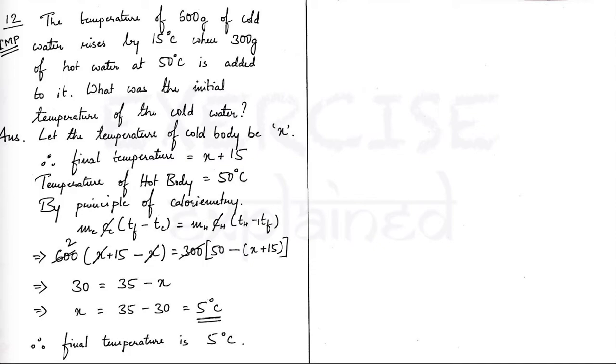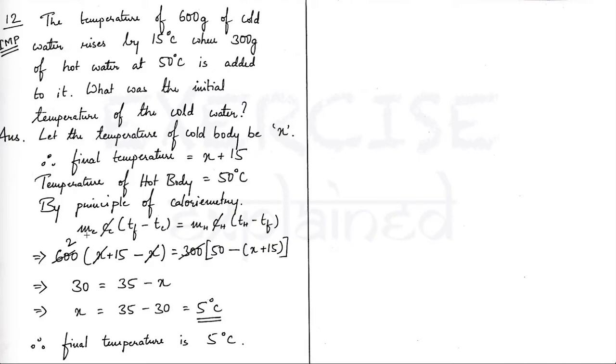So I have written the hot body on the right hand side and the cold body on the left hand side. I have cancelled the specific heat capacity since the material remains the same and it is water only. So C has got cancelled on both sides.